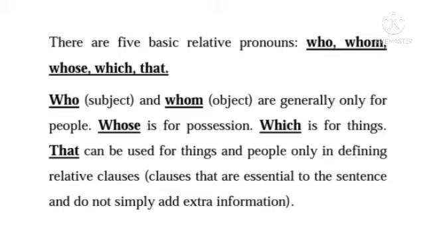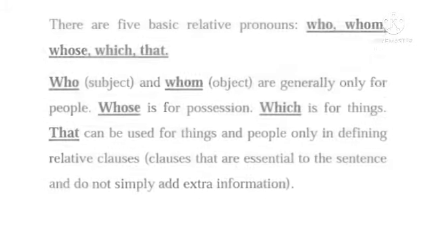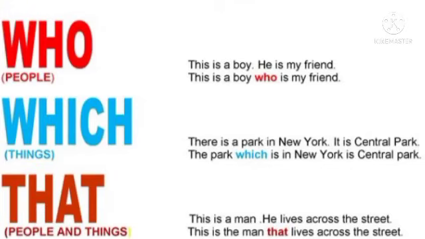So these are the 5 basic relative pronouns in English. For example, who. Let's look at the example for who. This is a boy. He is my friend. Here there are 2 sentences. When we change them into one sentence, we get a relative clause: this is a boy who is my friend.